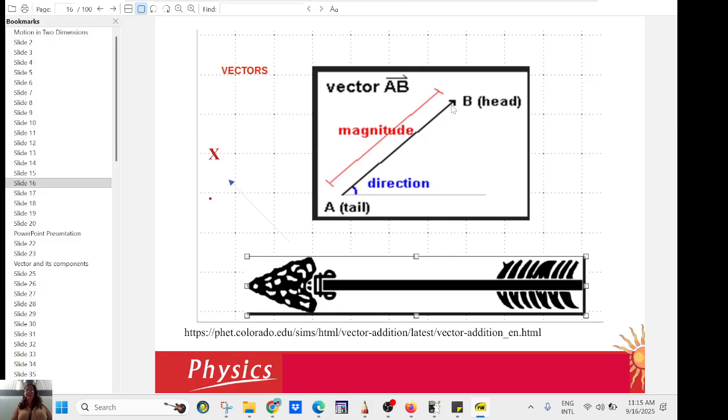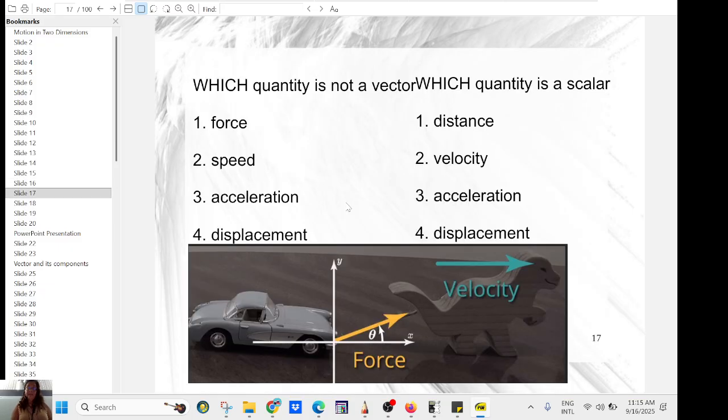A vector has a tail and a head. It has a magnitude, how much, a unit, and a direction, which way. You always want to attach the tail to the origin of the axes, so it doesn't fly away.